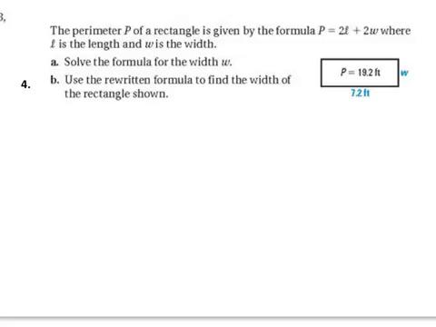All right. It says the perimeter P of a rectangle is given by the formula P equals 2 times the length plus 2 times the width, where L is the length and W is the width. Solve the formula for the W. Okay, so step A. We have P equals 2L plus 2W. And we want to solve for the W. So I got to start by getting rid of the 2L first.